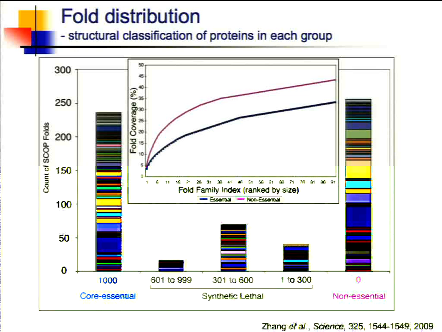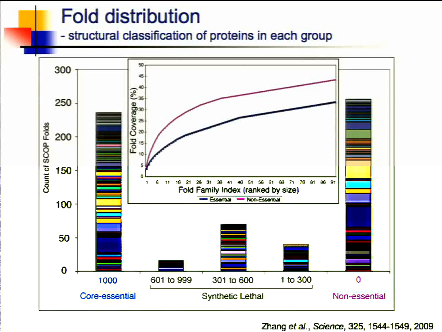What does this tell us? I think this means that the core essential genes contain some three-dimensional fold species, so they have to be present in the core of a metabolic network, whereas the non-essential proteins are produced by duplication of the core essential, but specialization to bind other compounds.